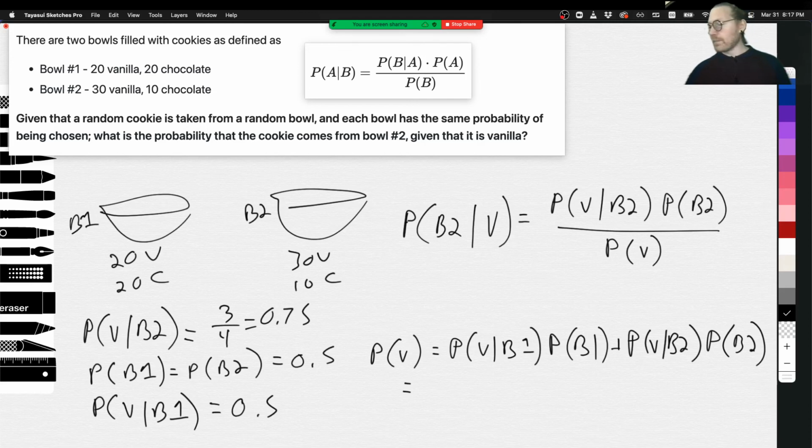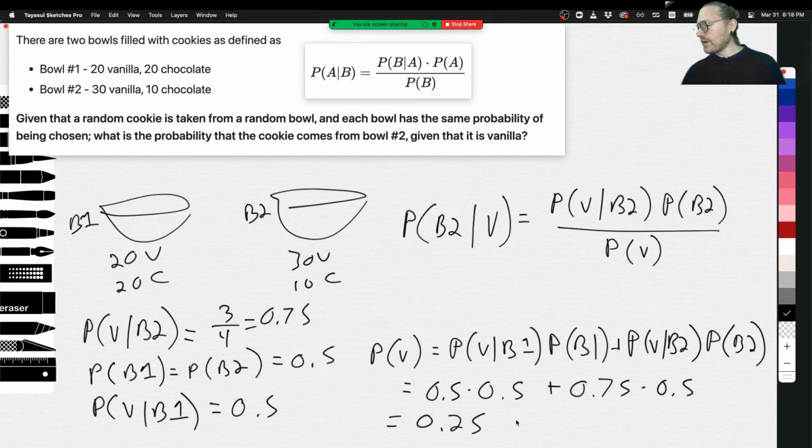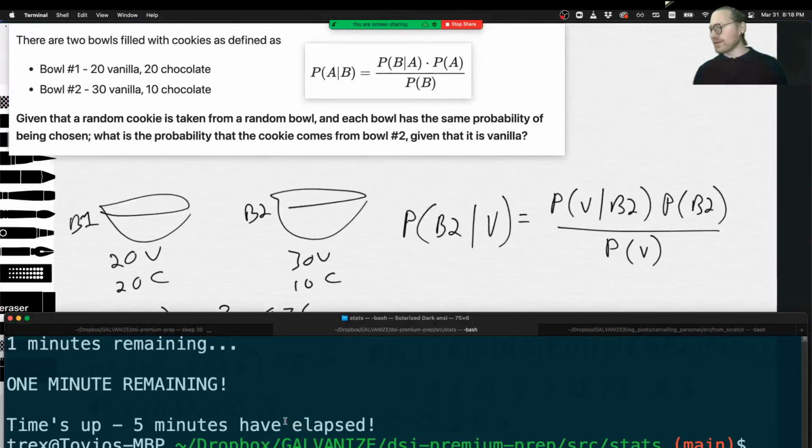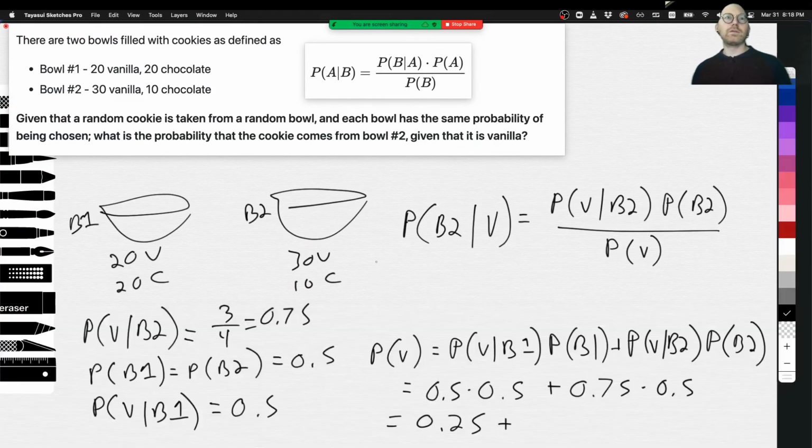So if we just fill this in, this is 0.5 times 0.5 plus 0.75 times 0.5. So that's 0.25 plus, what is that, 37.5? Well, I'll just put it in here anyway, just to add it up really quick. 0.5, 0.5, 0.75, 0.5.